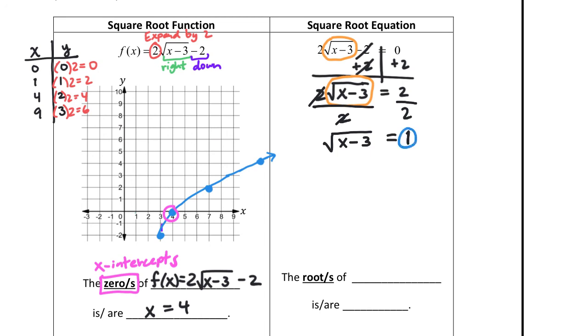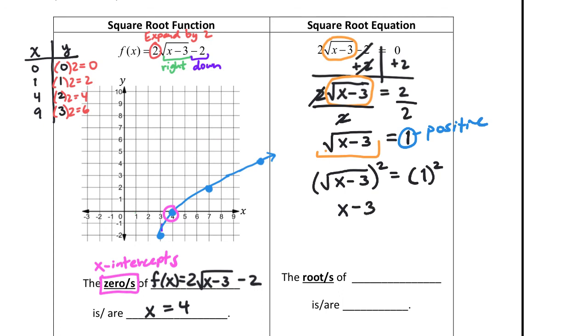And we know that if the square root is equal to a positive, like how we were practicing in the previous examples, then I can square both sides, or I can raise both sides to the second power. That leaves me with x minus 3 equals 1 times 1 is 1. And then I add 3 on both sides, because the next step is to solve the equation. So x equals 4.